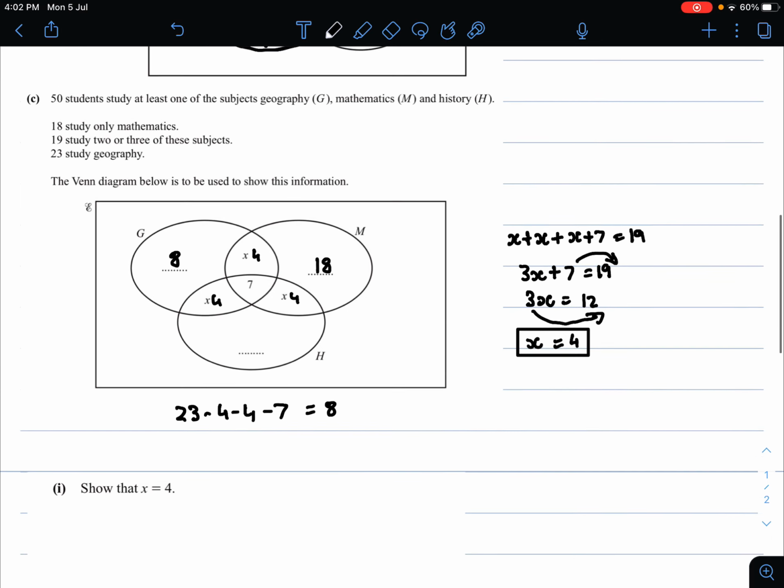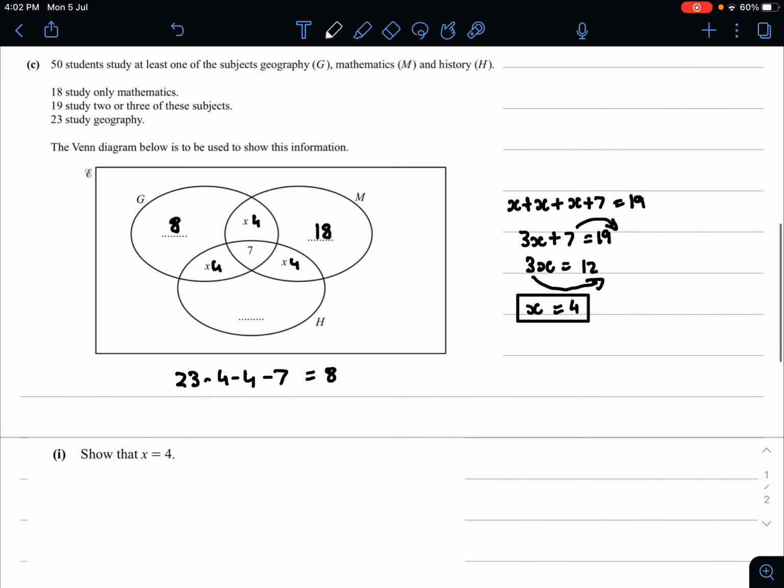Now in the first line, they've told us that there are a total of 50 students. And since they haven't given a dash on the outside, which means that there's at least one student not studying any of the three subjects, we know that all the 50 students study at least one subject.